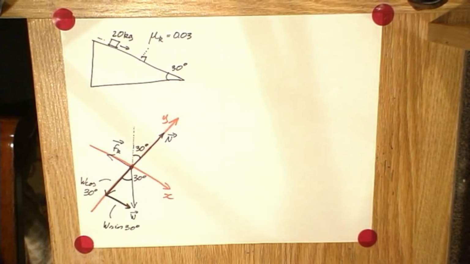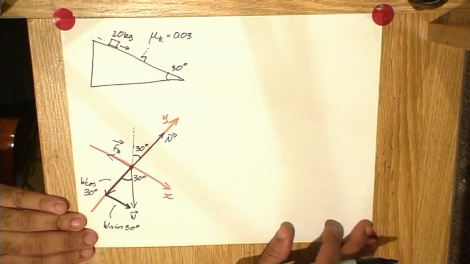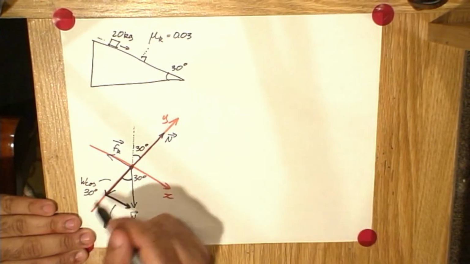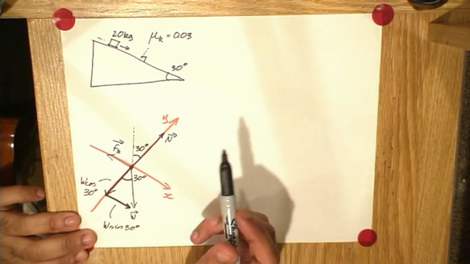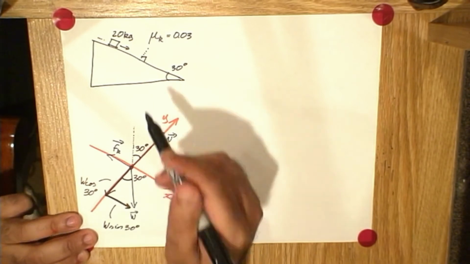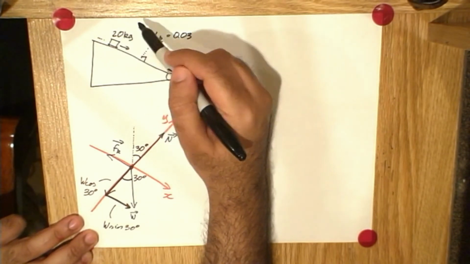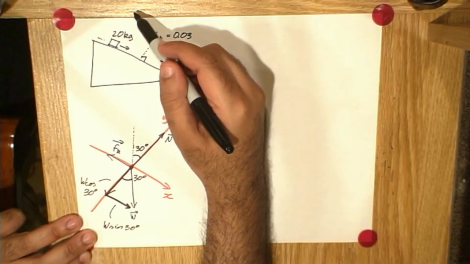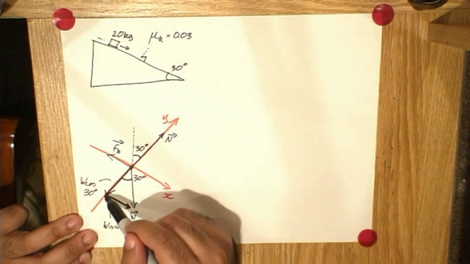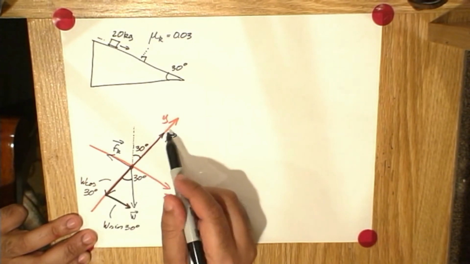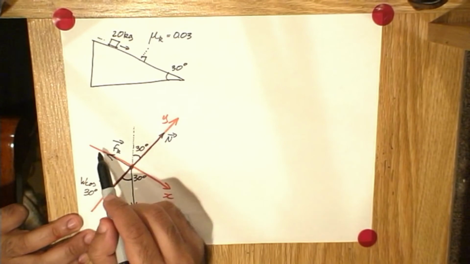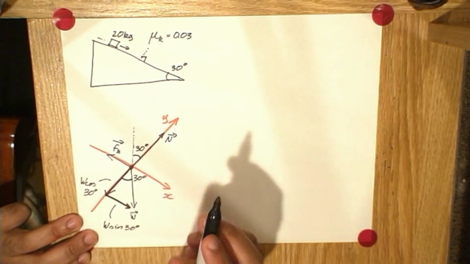All right, now let us work out what is happening in the y direction. We have to solve for the y direction first, because even though there is no motion in the y direction, it isn't collapsing or levitating from the ramp, this y direction gives us the normal force, and the normal force is required to find the friction.